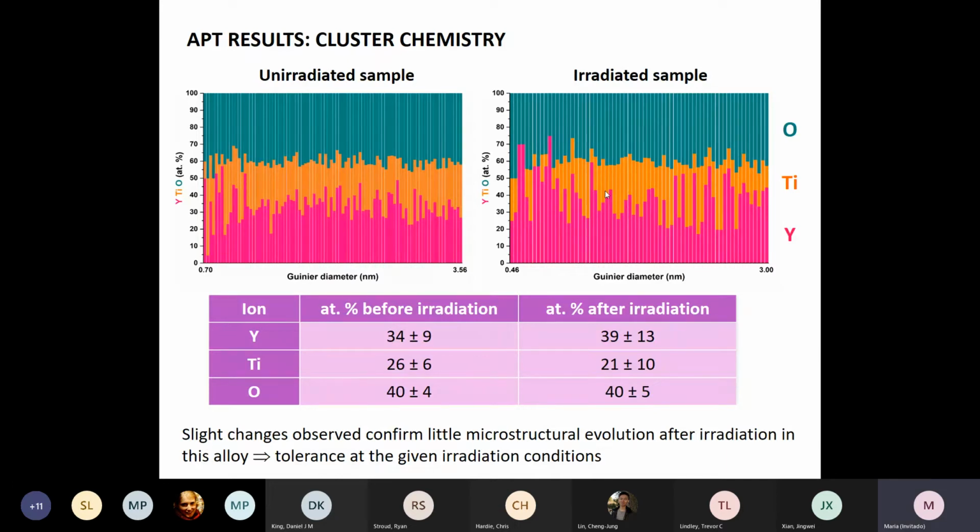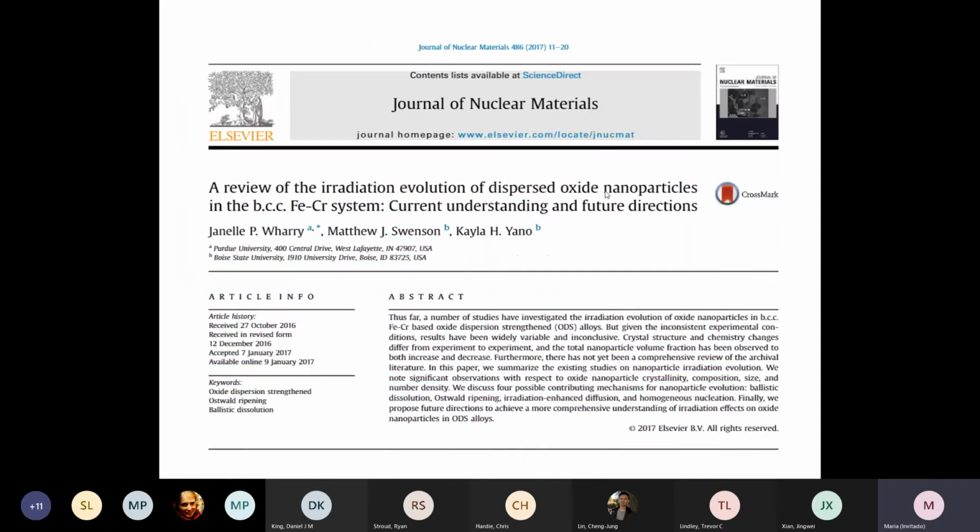As mentioned in this paper published in 2017, the authors highlight that the experimental conditions used for irradiation in ODS steels are still highly variable and inconclusive, and together with the different compositions and characteristics that ODS steels prepared by different laboratories have, it makes it very difficult to understand the irradiation effects on ODS steels, and it makes it a real challenge.